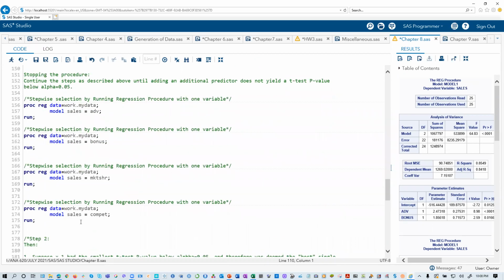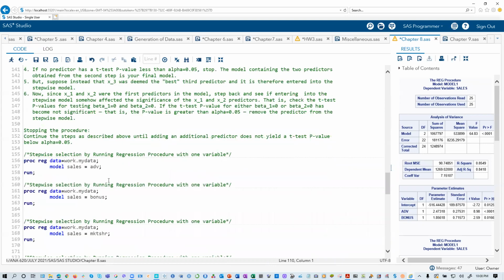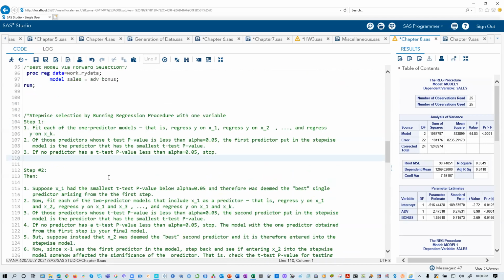We're going to run these separately and see whether any of these is the first predictor put in the stepwise model. If any p-value is less than alpha or extremely small, the first predictor put in the stepwise model would be the predictor that has the smallest t-test or p-value.